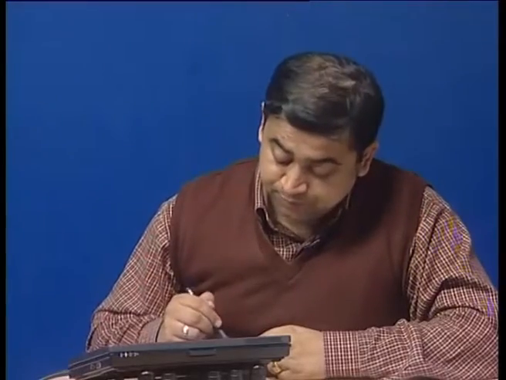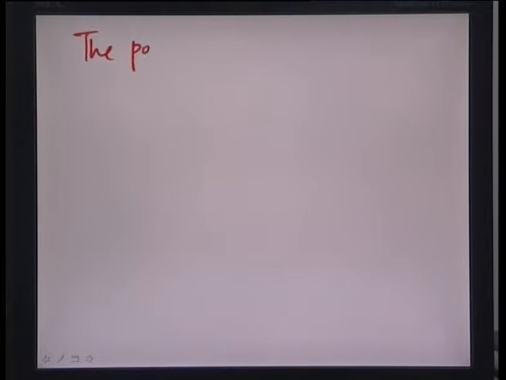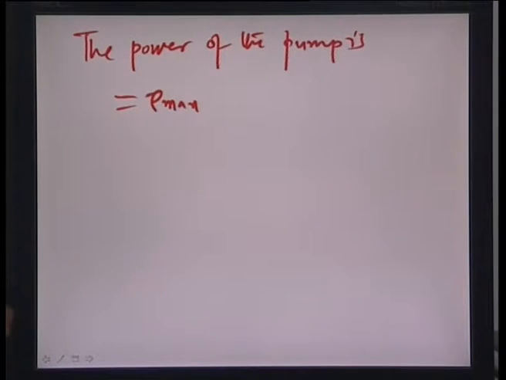So, we first calculate the pumping power. The power of the pump is equal to P max times Q dot max by 2. P max here is about 5 kilopascals, the total maximum back pressure against which the flow has to work.